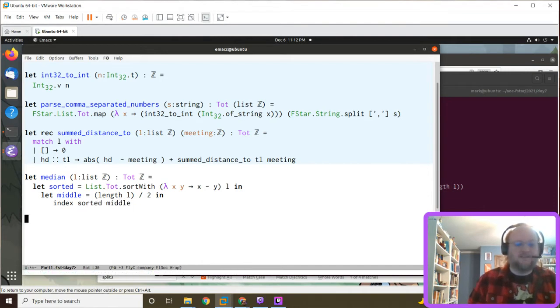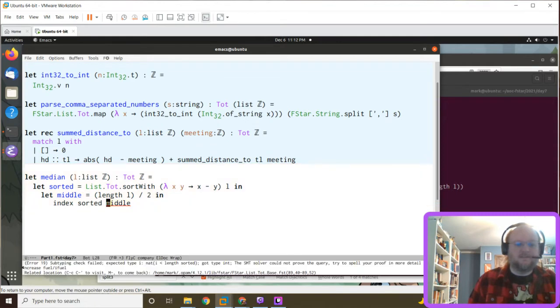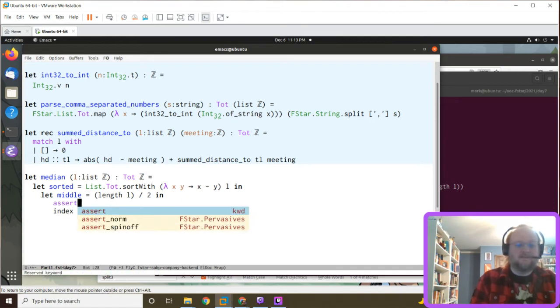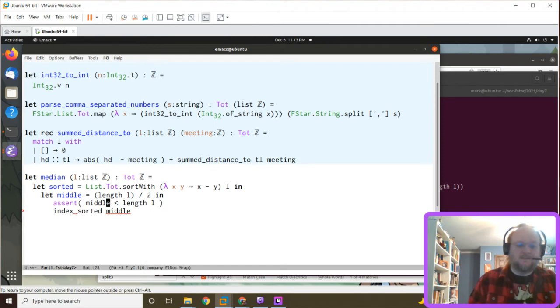Index. Huh. Um, well, that's not true all the time.